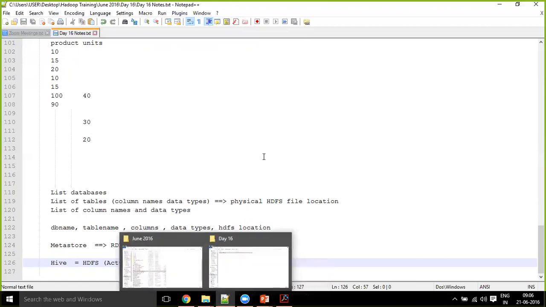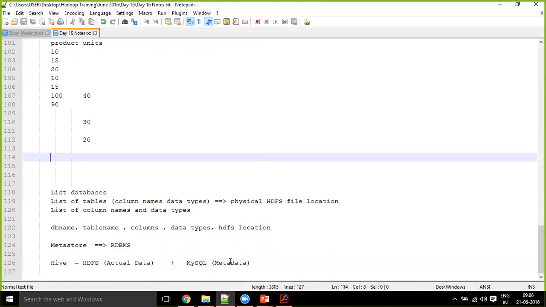So the actual data will be stored in HDFS and the metadata will be stored in MySQL. So can you say that Hive is storing something? No, it's not storing anything by itself. It's relying on both HDFS and RDBMS: HDFS for storing the actual data and RDBMS for metadata.